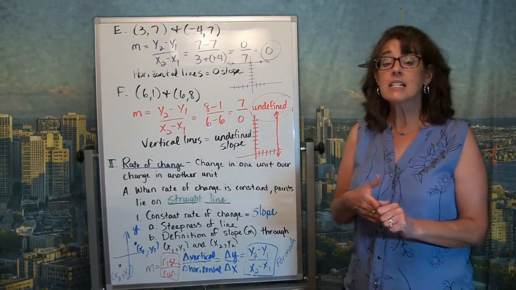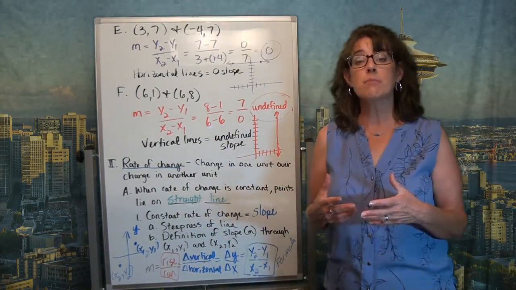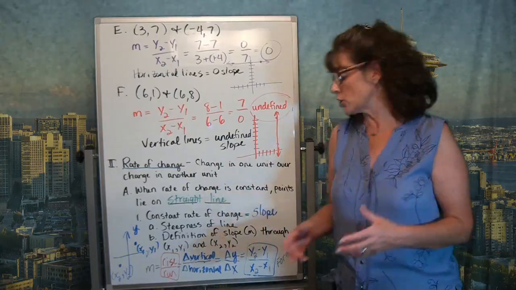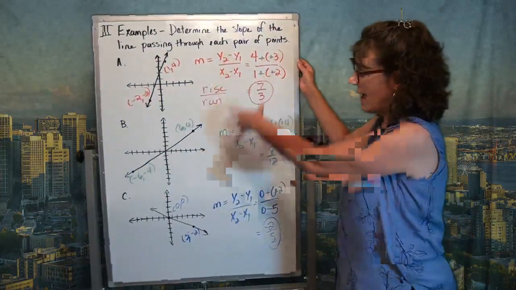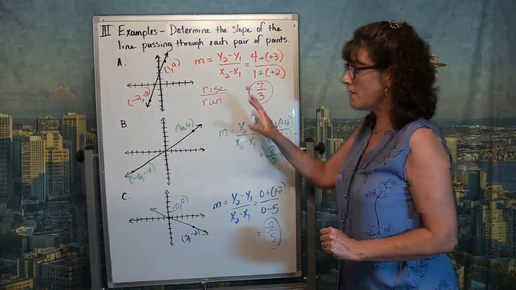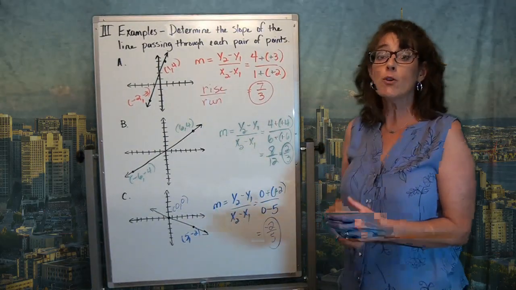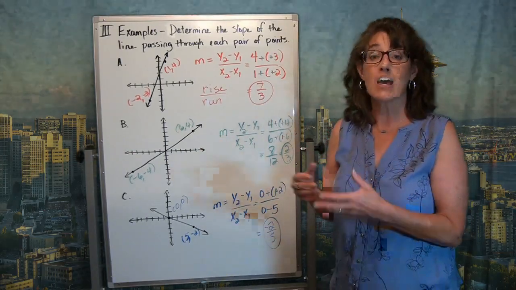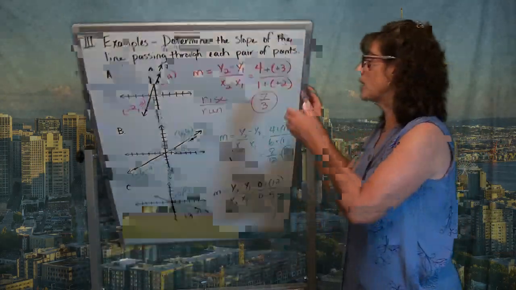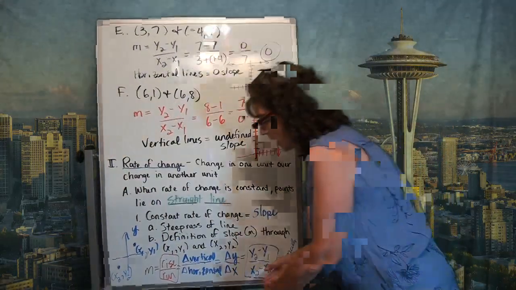Now, let's take a look at this idea of being able to remember slope just simply from a picture. Go back to what we had looked at before in these examples where we had these pictures of these lines. And I'm going to give you a way to remember, with just an eyeball glance, the sign of the slope. And it particularly helps with these horizontal and these vertical lines.